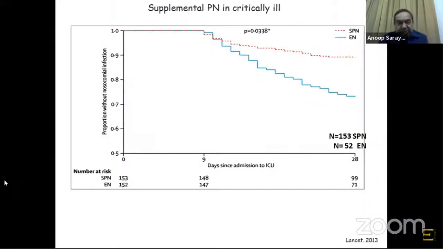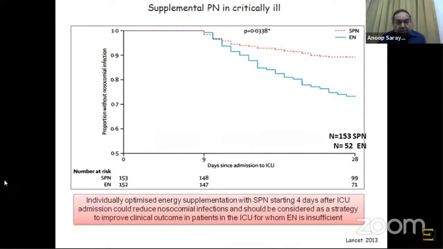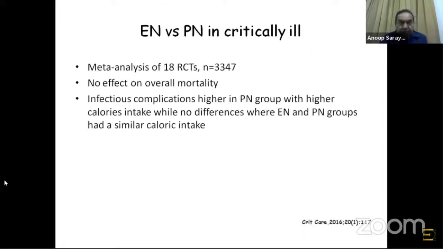And as far as supplemental parenteral nutrition in critically ill patients is concerned, here also, this was a very good study published in Lancet in 2013, where supplemental parenteral nutrition was given. After 4 days in the ICU, nosocomial infections were fewer in the patients with supplemental parenteral nutrition as compared to enteral nutrition.